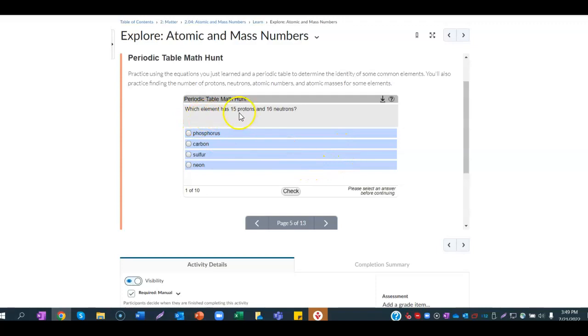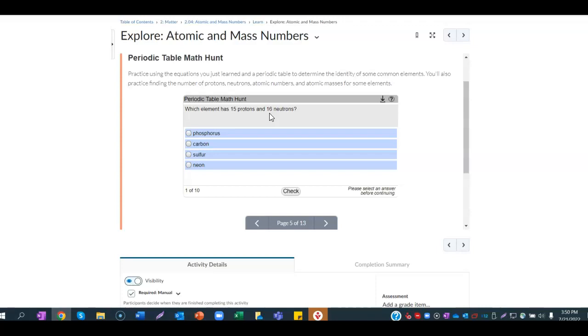So which element has 15 protons and 16 neutrons? All you would have to do is grab your periodic table and look up element number 16, which is, I'm grabbing my periodic table. It is sulfur.